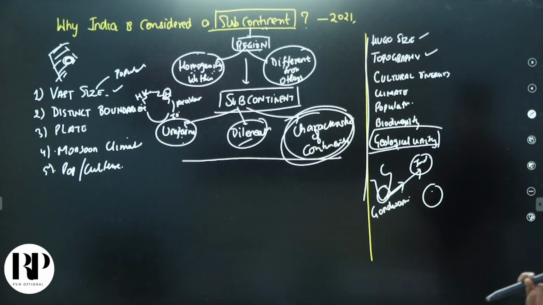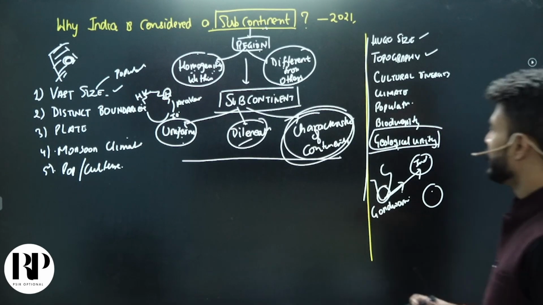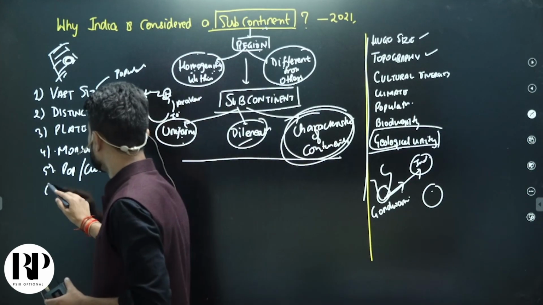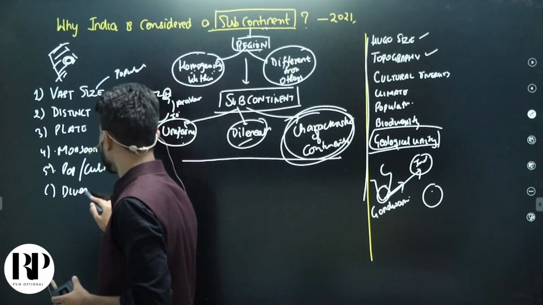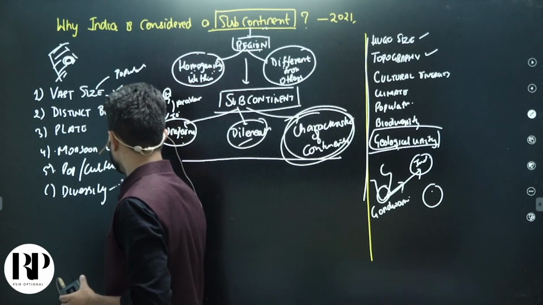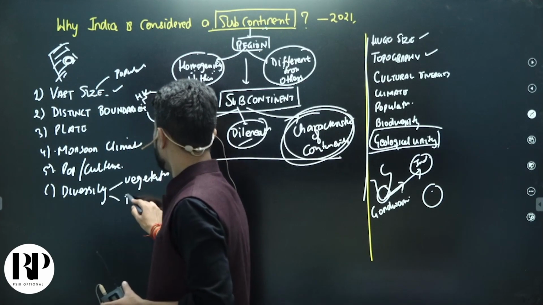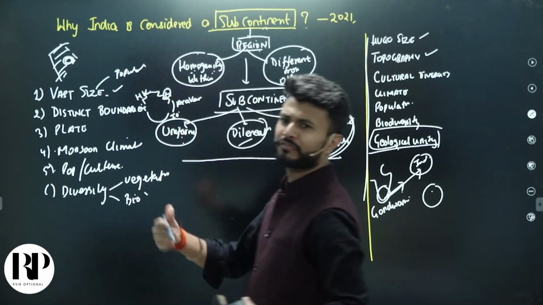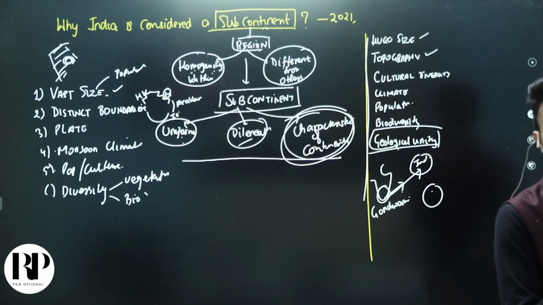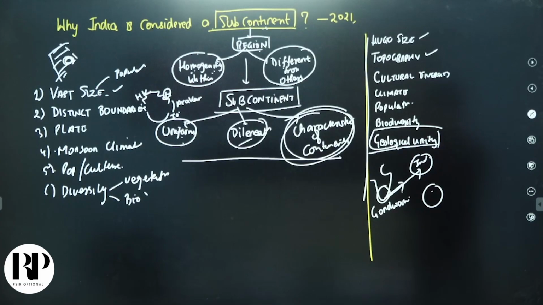Okay. We have diversity. We have diversity of what? Vegetation, biological, different types of forests, different types of agricultural crops, different types of these things. So we have diversity, right?